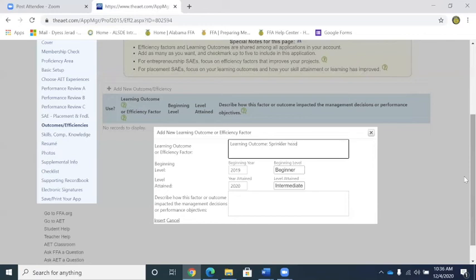We're running into a character count here on this. So under learning outcome, you said you would put learning outcome similar to what we have on the screen. Uh-huh. Then how could we briefly describe what you're talking about? Sprinkler head placement. We can just put sprinkler head placement and then describe it below. Come down here and say, in the beginning. Yep.